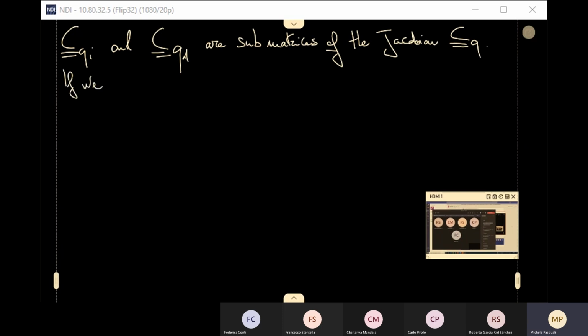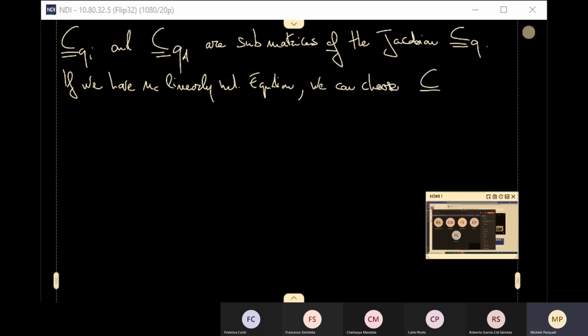If we have nc linearly independent equations, we can choose CQd, which is nc times nc, as a non-singular matrix.